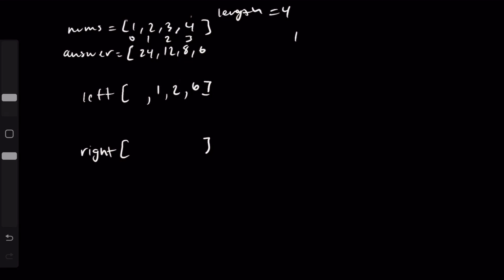So if we were to do it in a for loop, it's for i in range 1 to length. That's pretty much what we did. And we could set this to 1, just to hold the value.